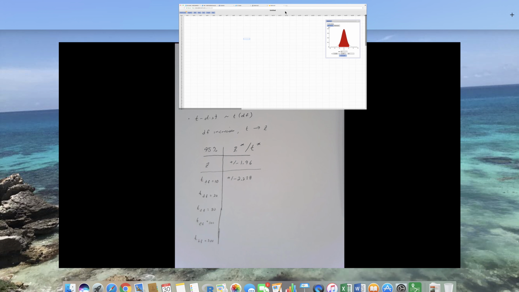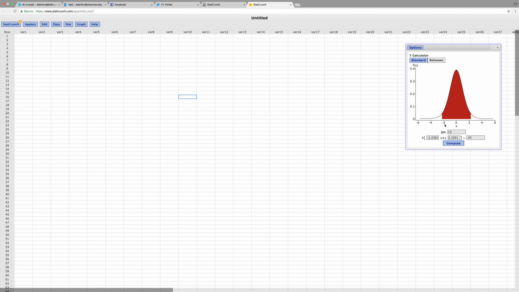So, guys, I could go degrees of freedom 20 with 0.95, and you can see that my T critical is 2.085. And then let's go degrees of freedom 50. So we're plus or minus 2.009.